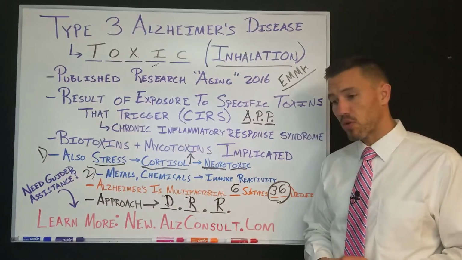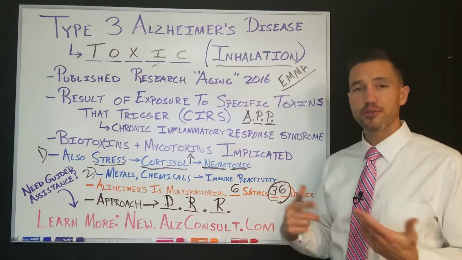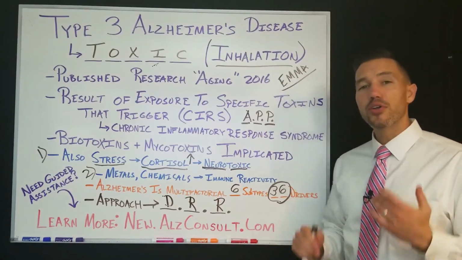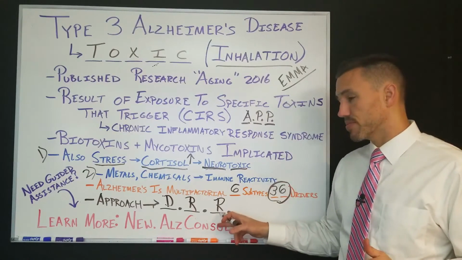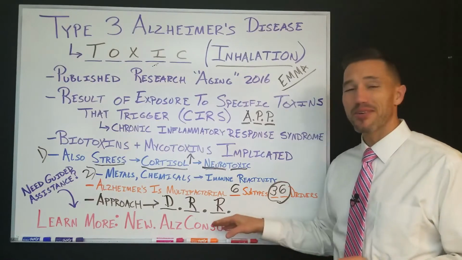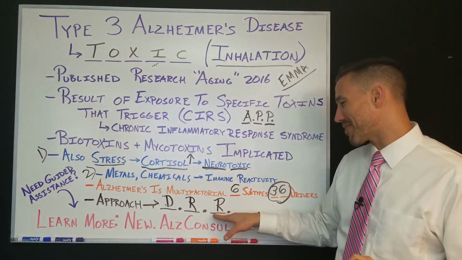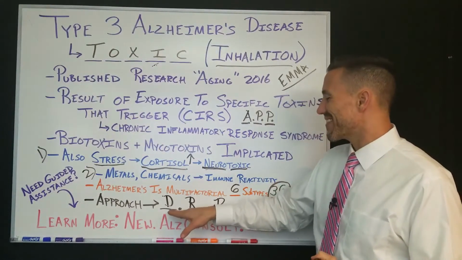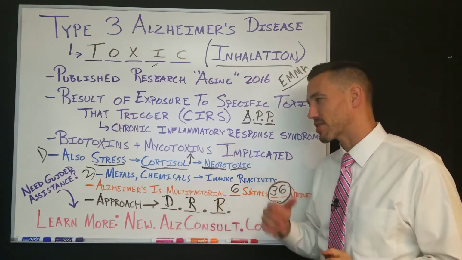I'm going to use nootropics, different types of supplements that are supposed to help your brain health. Well, you're going to be wasting time and money. So detect, remove, replenish, and repair is a great strategy that we use.